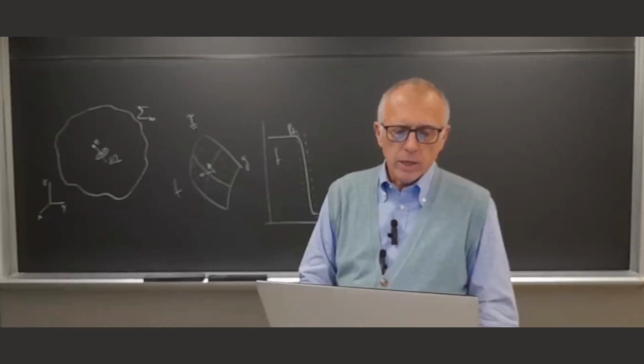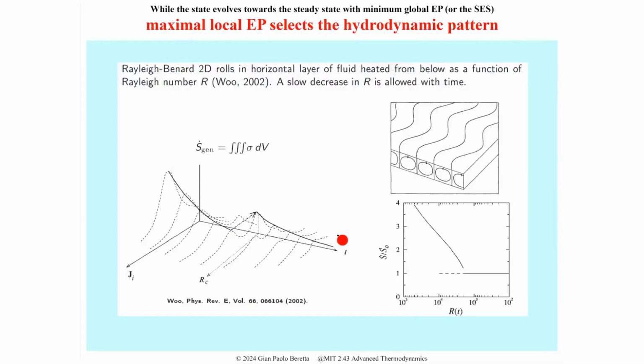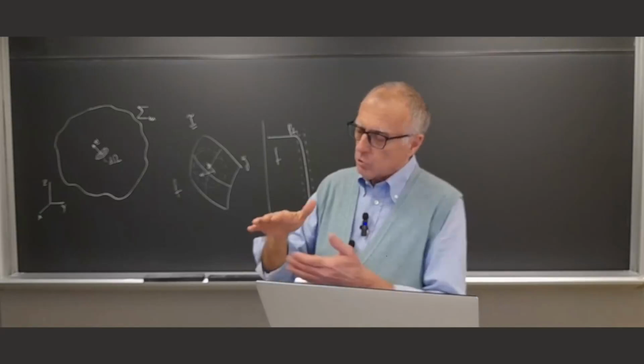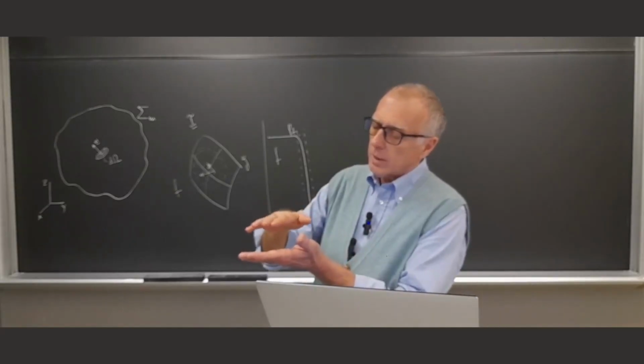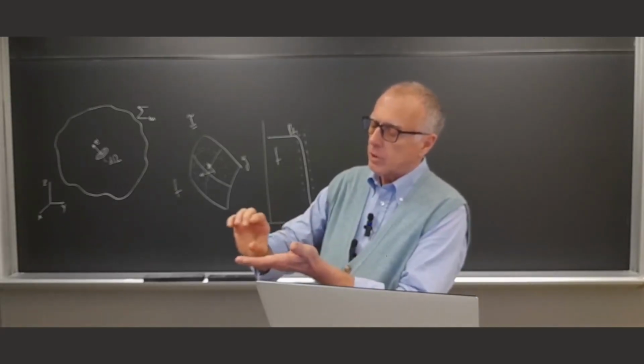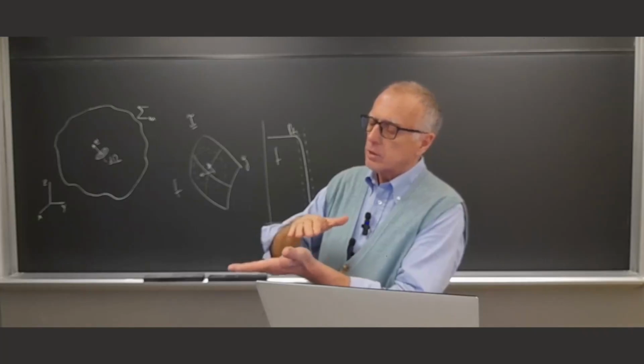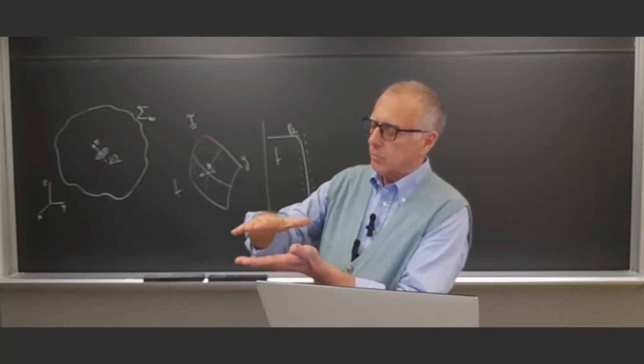Now, regarding structure, though, for example, there is this problem called Bénard convection. It's a problem in which you have a fluid, like you have a pan with some oil, and it's heated from below and cooled from above.